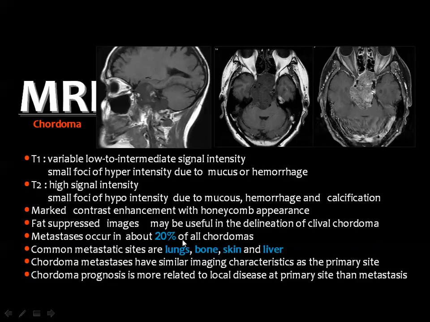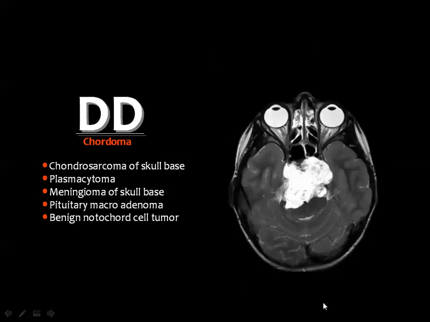Metastases occur in about 20% of chordomas, usually to the lung, bone, skin, and liver. Chordoma metastases have imaging characteristics similar to the primary lesion. The prognosis is related to the local disease extent and the presence or absence of metastasis.